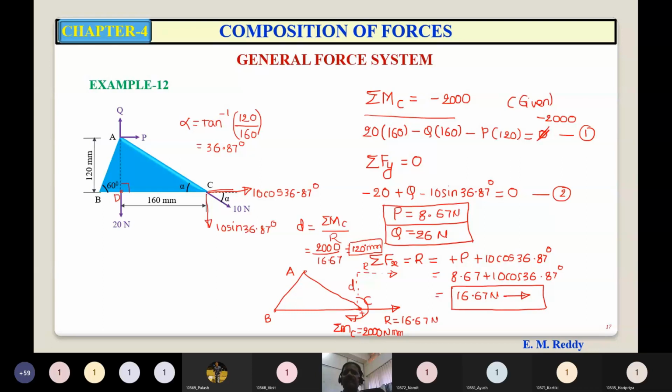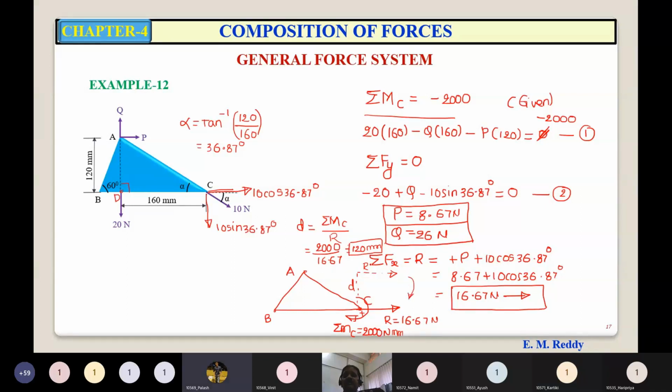Now you tell me where the resultant is acting. It will be upwards only, because here the sense of moment is clockwise, 2000 Newton millimeter clockwise. So if it is transferred above, then only it will create clockwise.